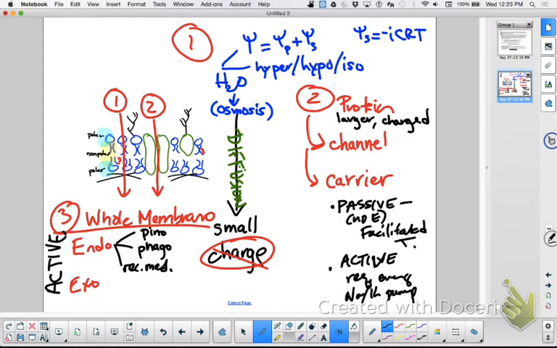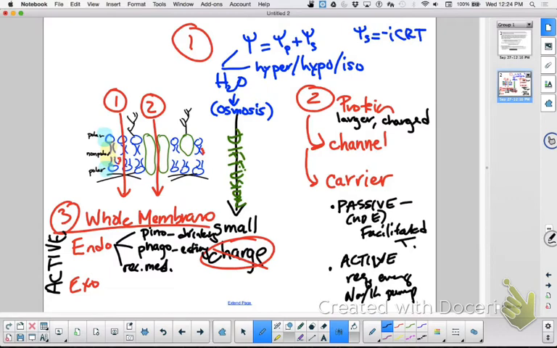Okay, so pinocytosis is cell drinking, phagocytosis is cell eating, and receptor mediated is when they bound to the proteins, right, and the receptors, and then they went in. But either way, this would be active transport. Using a protein, if you go against the gradient, would be active transport. If you're going with the gradient, it would be passive, and diffusion is always passive.